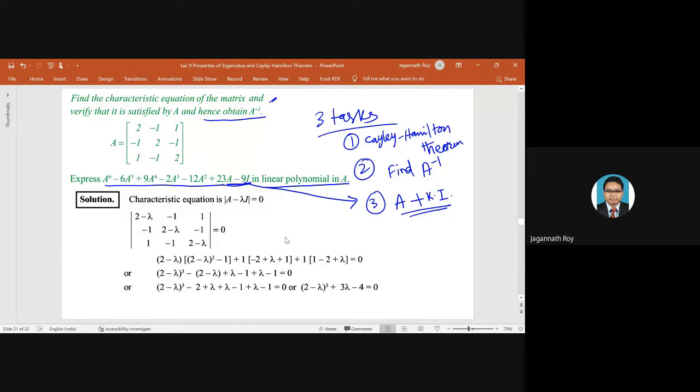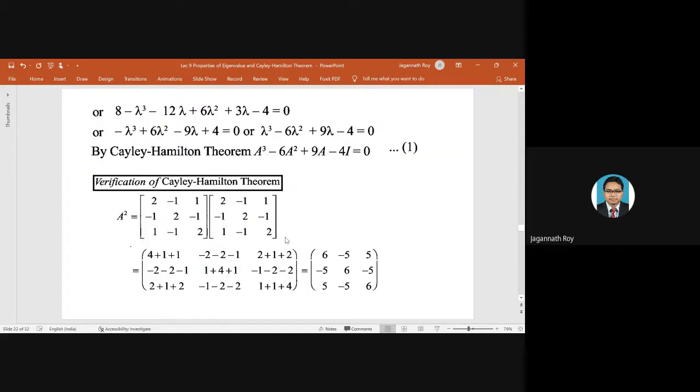Now what we have, a given matrix, try to find the characteristic equation. Let us do this. Let us simplify it. So finally, we have this characteristic equation of this form. By Cayley-Hamilton theorem, it will satisfy this equation. That means in place of lambda, if we put A, then it will satisfy.